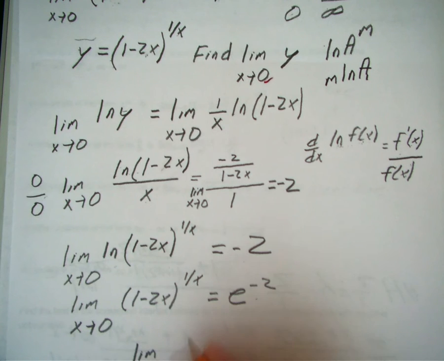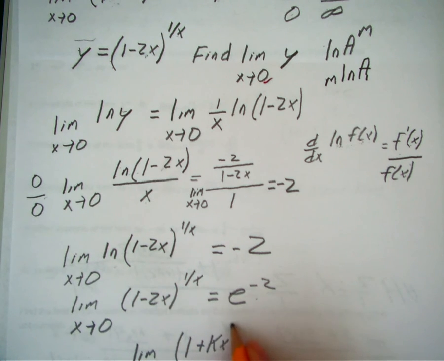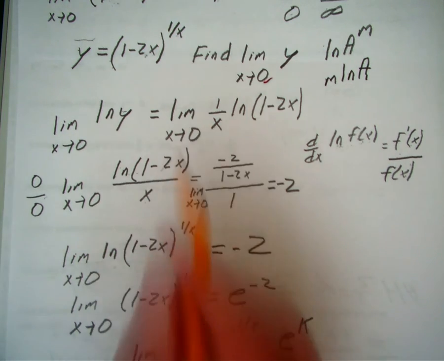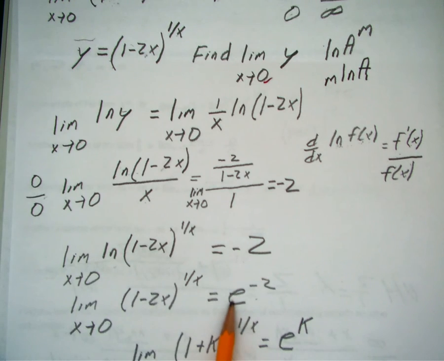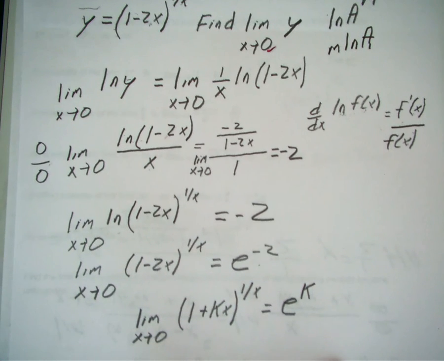We could write this as 1 plus kx, where k is just a constant, to the 1 over x, is equal to e raised to the k power. The minus 2 just survived the whole process. So this literally is a definition of e. You pick any number you want, and you can find e to the k using this limit.